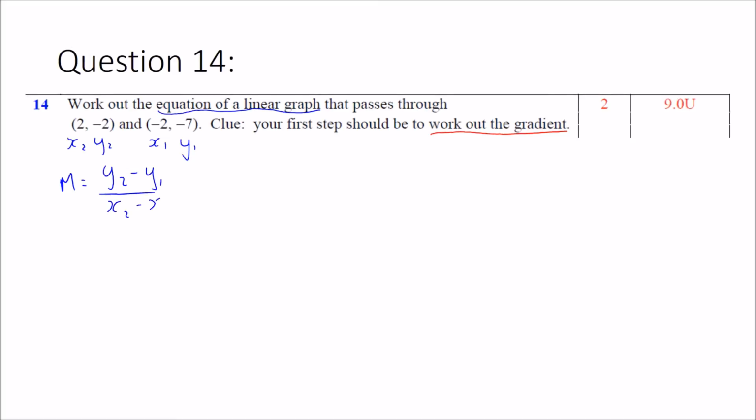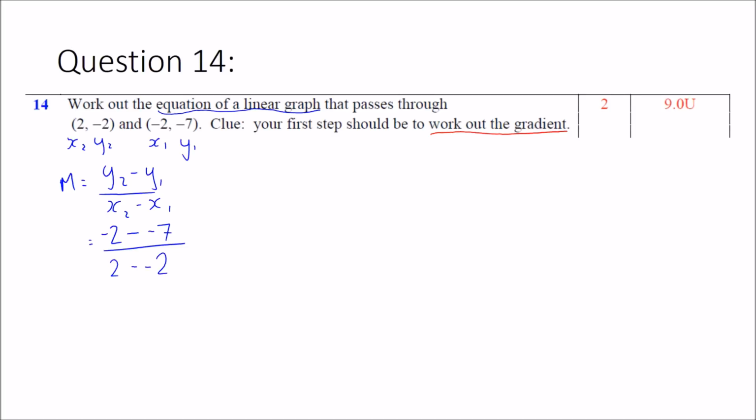Where people tend to get this wrong is just by substituting incorrectly. So you've just got to make sure that y2 actually goes in the y2 spot. So in this case, y2 is -2, then minus y1, which is -7. Then we have x2 is 2 minus x1, which is -2.